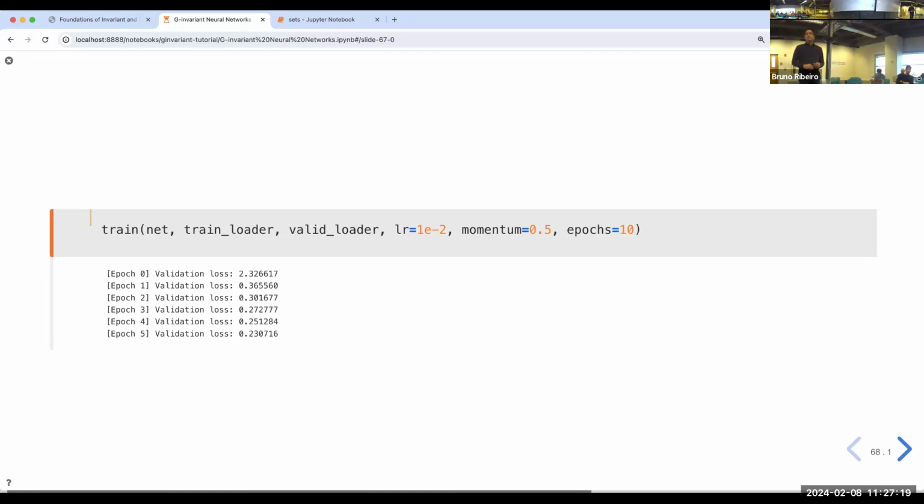That's really cool. I have a question. This is super powerful only for finite groups, like for rotation we had 90 degrees, but not every rotation. Yeah, we are going to.